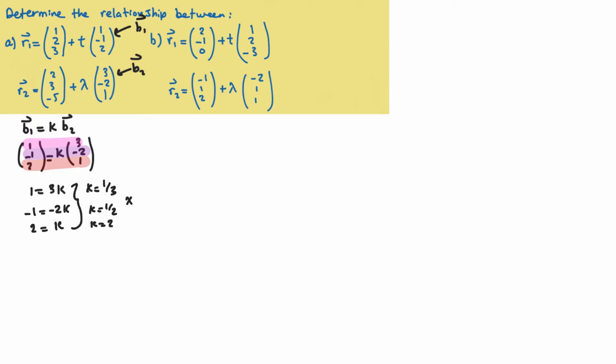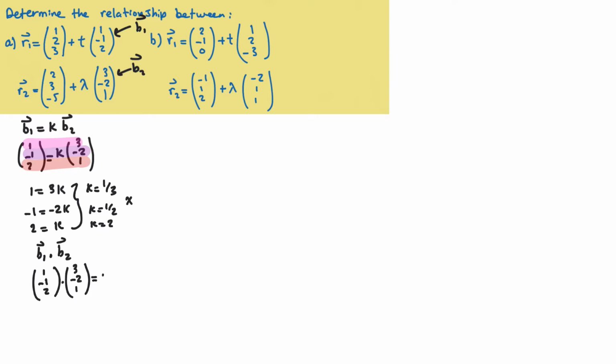We can also check to see if they're perpendicular or not right away, or we can just find their angle using the formula that we derived in the last lesson. But it's quick to check if they are perpendicular. All we have to do is check the dot product of the two. So the dot product of b1 and b2, which are (1, -1, 2) and (3, -2, 1). To find the dot product, we multiply the x components together.